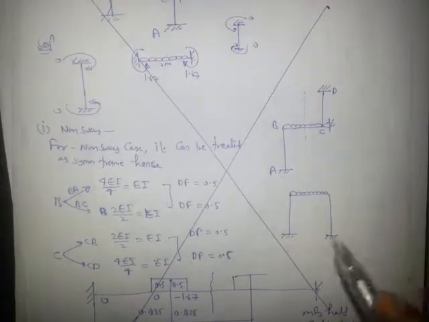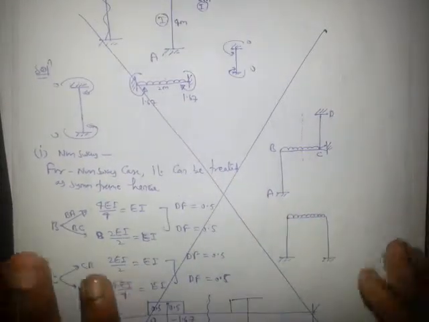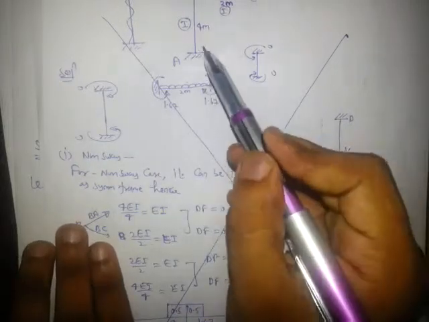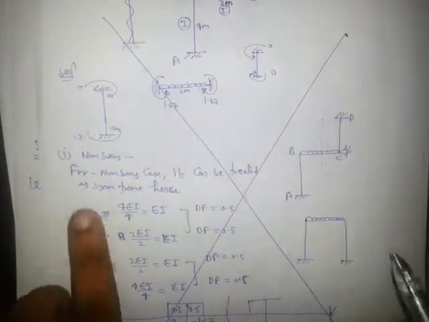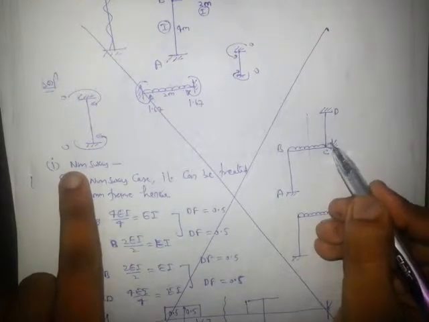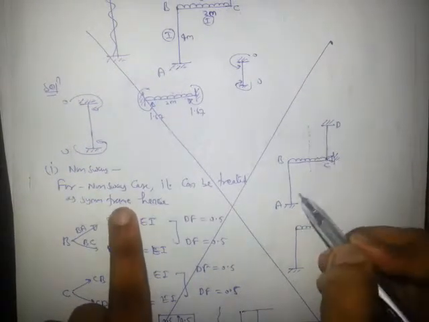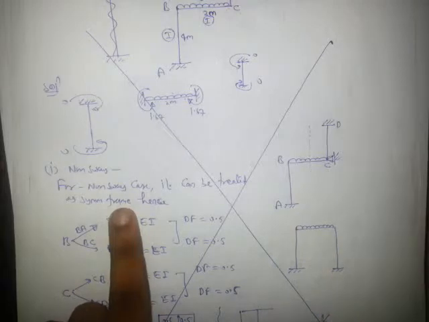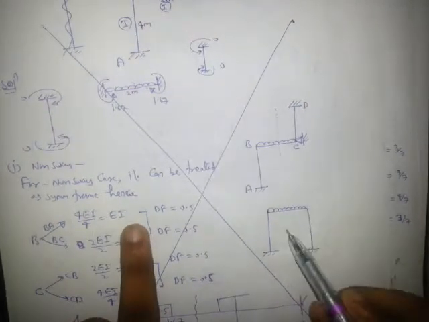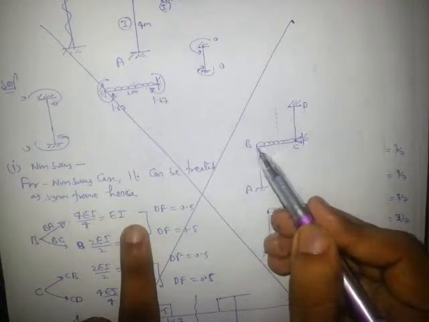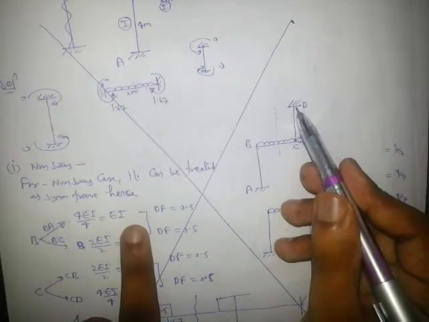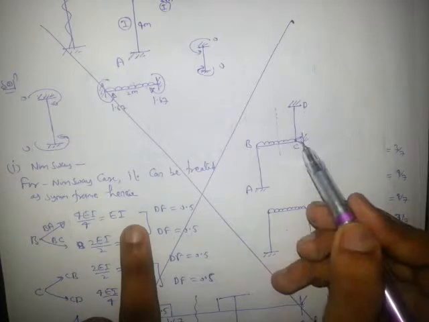The easy approach is that these two columns are just like that, right? So this is fixed, this is fixed, this is fixed, these end moments. Now while doing the non-sway analysis, we can say that it is like a symmetrical case. If it bends like this, and like this, both are the same.